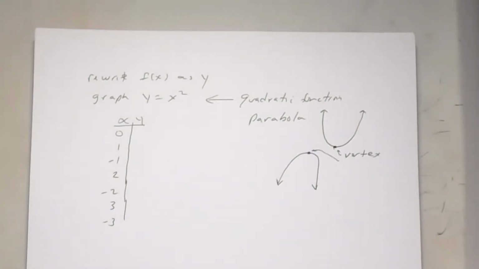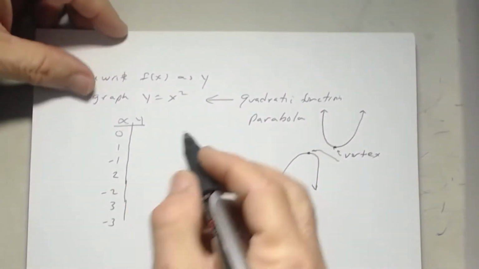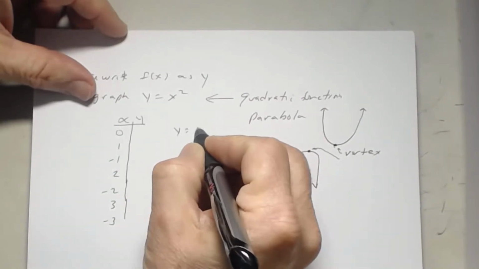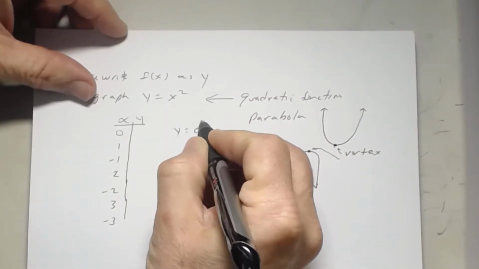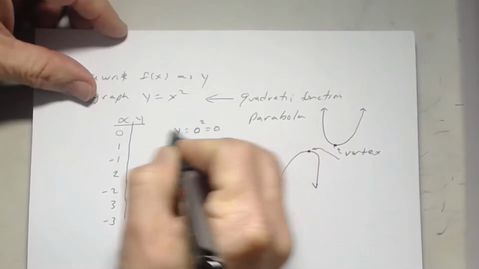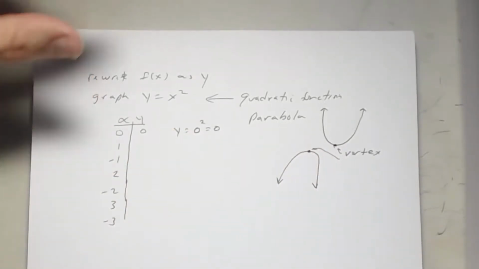So since that's not a line, you got to use a lot more than just 3 points, right? All right, and all you do is wherever you see the variable, you plug in those numbers for x. So if x is 0, I get y equals what? 0 squared, which is what? 0. All right, so I'll plot the point 0, 0.